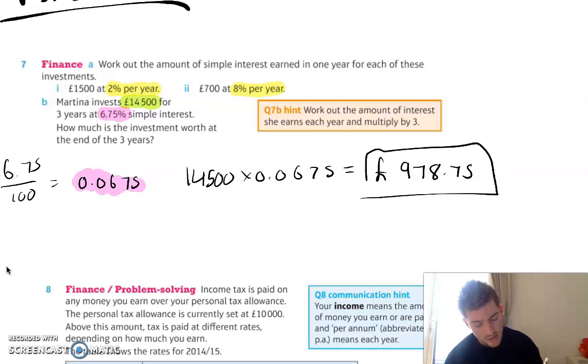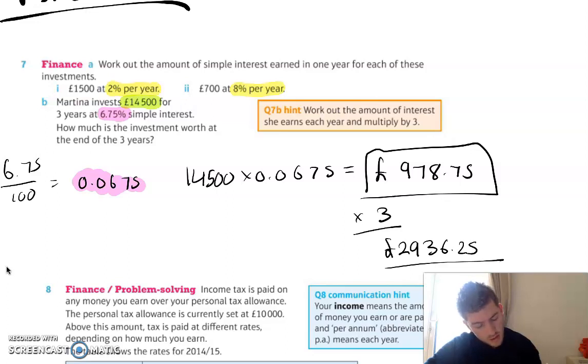That is your interest every year. Times it by 3 because it's 3 years. Times it by 3. There you are. £2,936.25. That is what you're going to add on to your original investment.